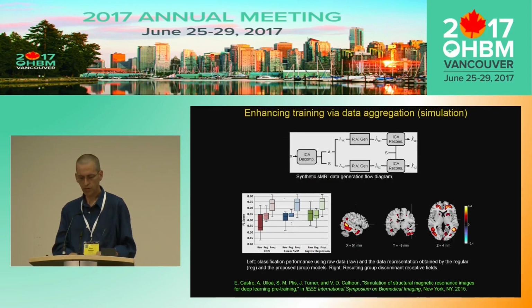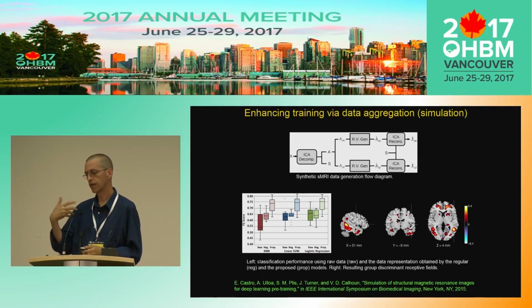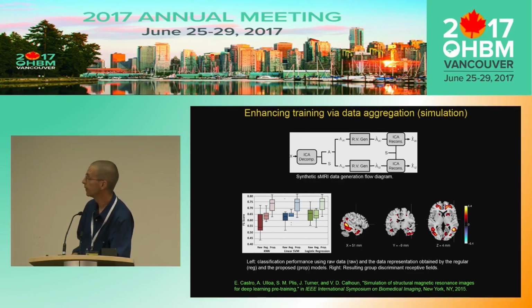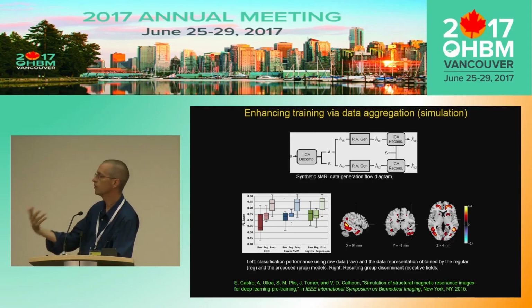A question that folks often ask about deep learning is how do you train it with limited amounts of data? We're getting more and more data these days, but it's not infinite. So one way that's done quite a bit is something called data augmentation, where you essentially simulate realistic realizations from a data set that you have access to.